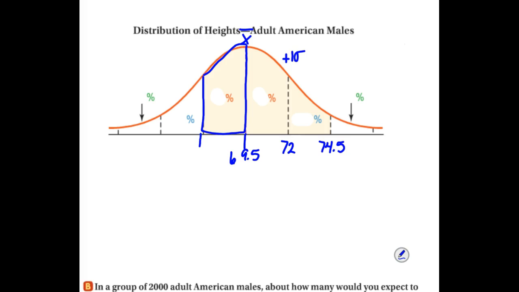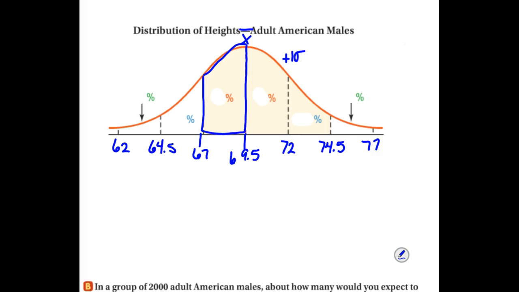Add another 2.5. Okay, to go on the other end, we have to subtract 2.5. So 69.5 minus 2.5 is 67. Subtract another 2.5. And subtract another 2.5. All right. Label your vertical breaks.